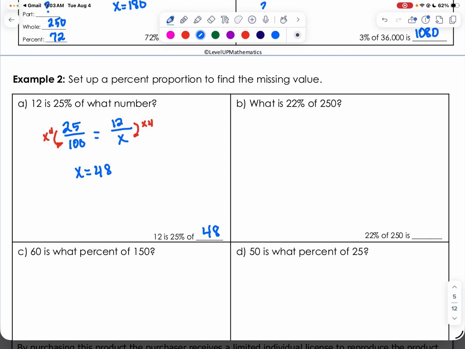Problem B, what is 22% of 250? So I know my first ratio is 22 over 100 because they gave me the percent. They did not give me the part, but they gave me the whole. So my scale factor here is 2.5. So to get the numerator, I would have to multiply 22 times 2.5.